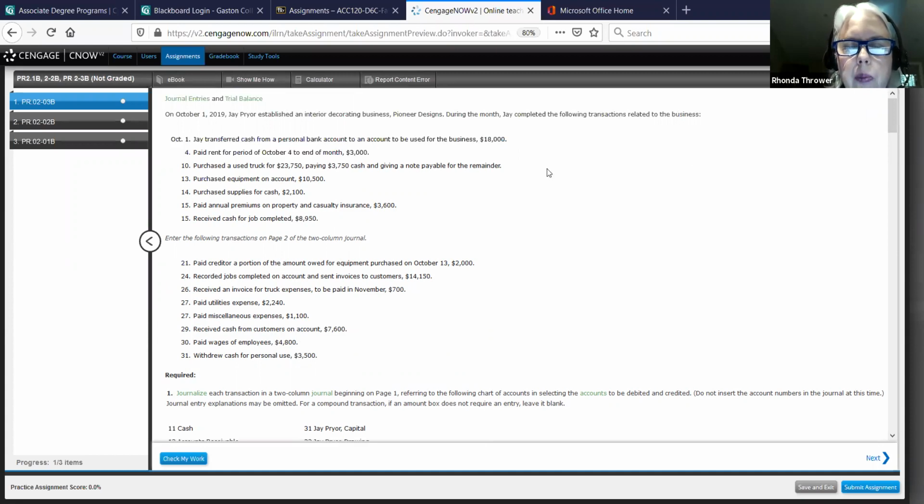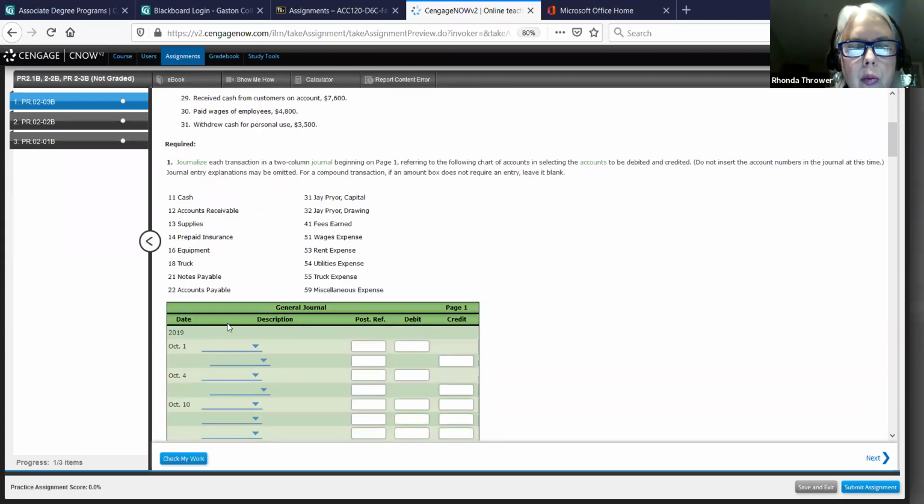Then you're going to copy from the T account to your journal, and we would put on the first line, our cash account was debited for $18,000. Notice that I skipped the post reference. You don't put the post reference in until you've copied this amount to the ledger. So what we're going to do first is put everything in the journal first, and that's what I would suggest that you do.